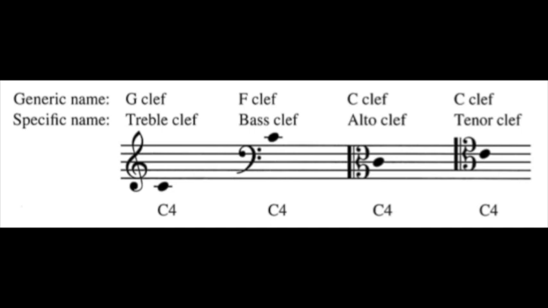Notice that if you started from that G and counted each space and line with letters, we would go from G, F, E on the bottom line, D below that, and then finally C4 on that first ledger line.